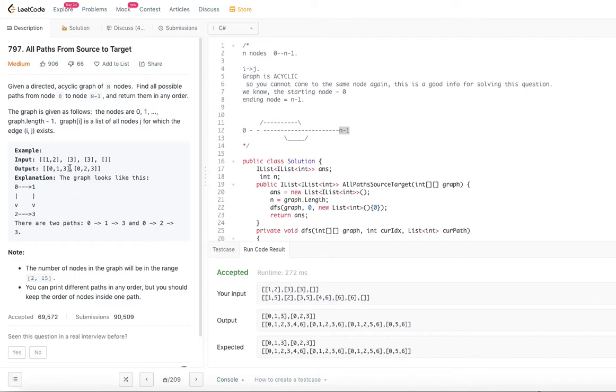But what if a path is not leading to n minus 1, right? What if a path is not leading to the node that we are looking for, that n minus 1? In that particular case, when we go back, we have to apply a backtracking mechanism, right? So we will remove those nodes from our path.